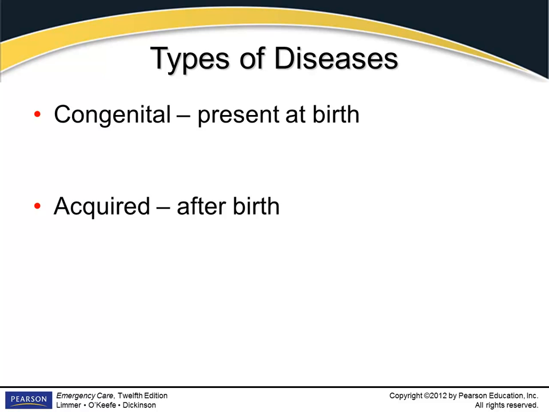Okay, different diseases. We've talked about most of these already, I think. With handicapped patients, it may be a congenital issue. Congenital means it was something that was present at birth, versus acquired is something that they acquired or got after they were born.